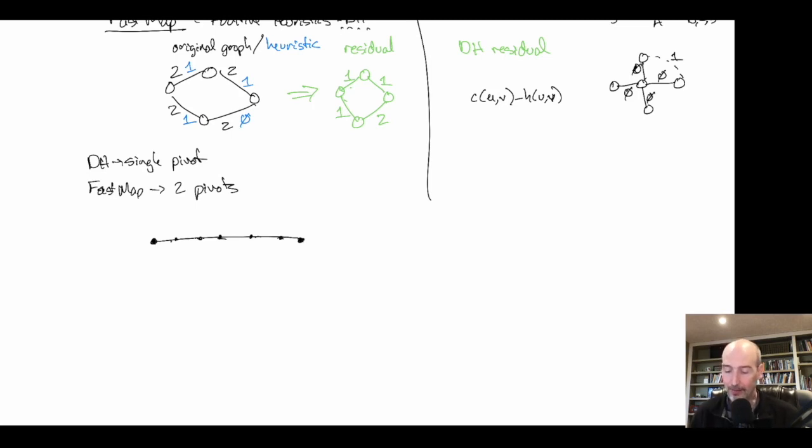But there might be states in the actual state space that are not on the shortest path. So there may be some path up here, and then some path down here. These states could be embedded in quite a few different places on this one-dimensional line, and they would still be able to have an admissible heuristic.